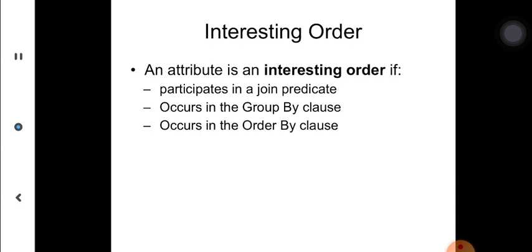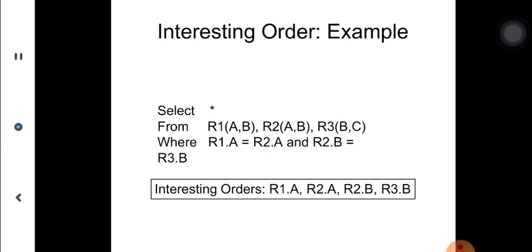You basically have an interesting order in terms of group by operation and order by operation. In the case of SQL, you have different types of optimality, and there is an interesting order, for example, select star from a particular relation based on a condition. So the interesting order happens to be different relations, different attributes, and putting different conditions together.